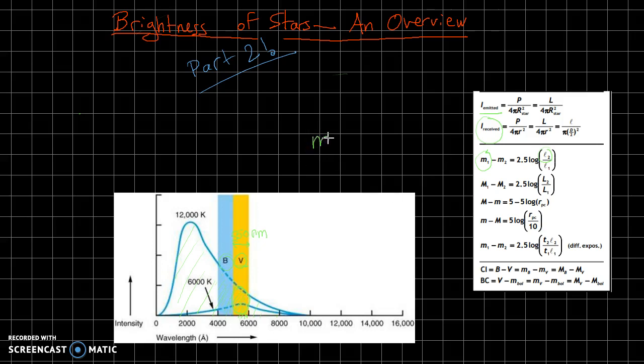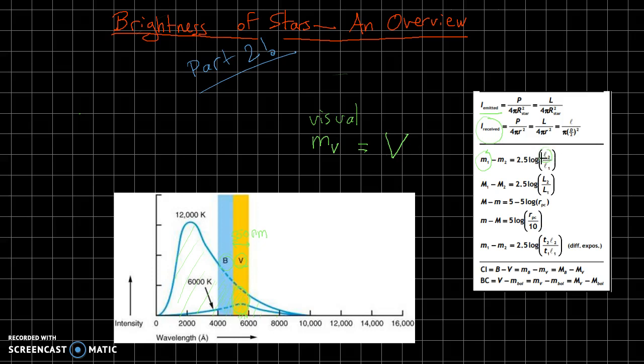Therefore, we would write down M subscript V for visual magnitude. There is an alternative. In many astronomy textbooks, they only use capital V. So capital V or M_V is for visual magnitude. This is the default magnitude.